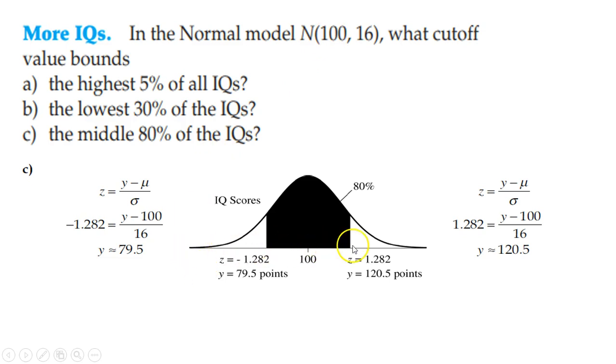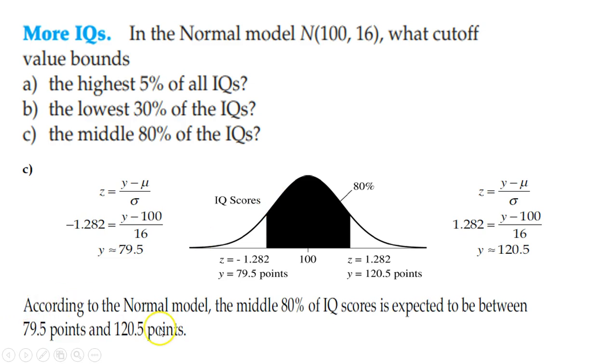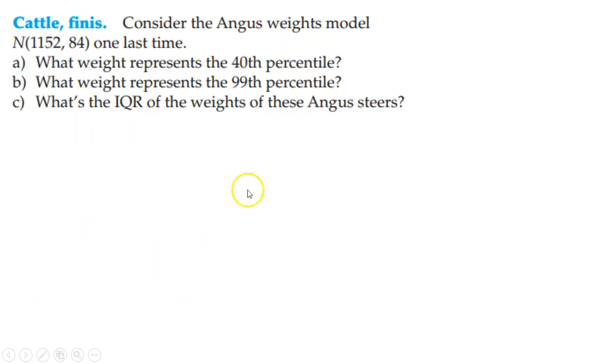And I could do inverse norm 0.9, comma 0, comma 1 for the standard form to find the z-scores as well. So either way you slice it, the picture does help. It helps me anyway to find what percentages I'm looking at from low to high. So according to the normal model, the middle 80% of IQ scores are expected to be between 79.5 and 120.5.